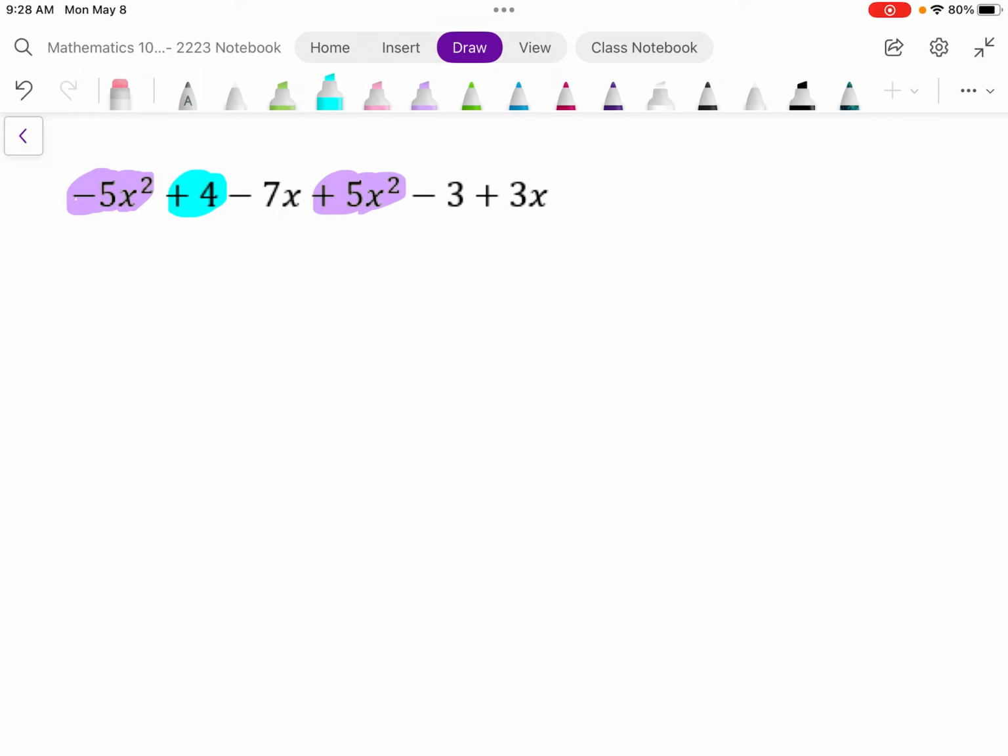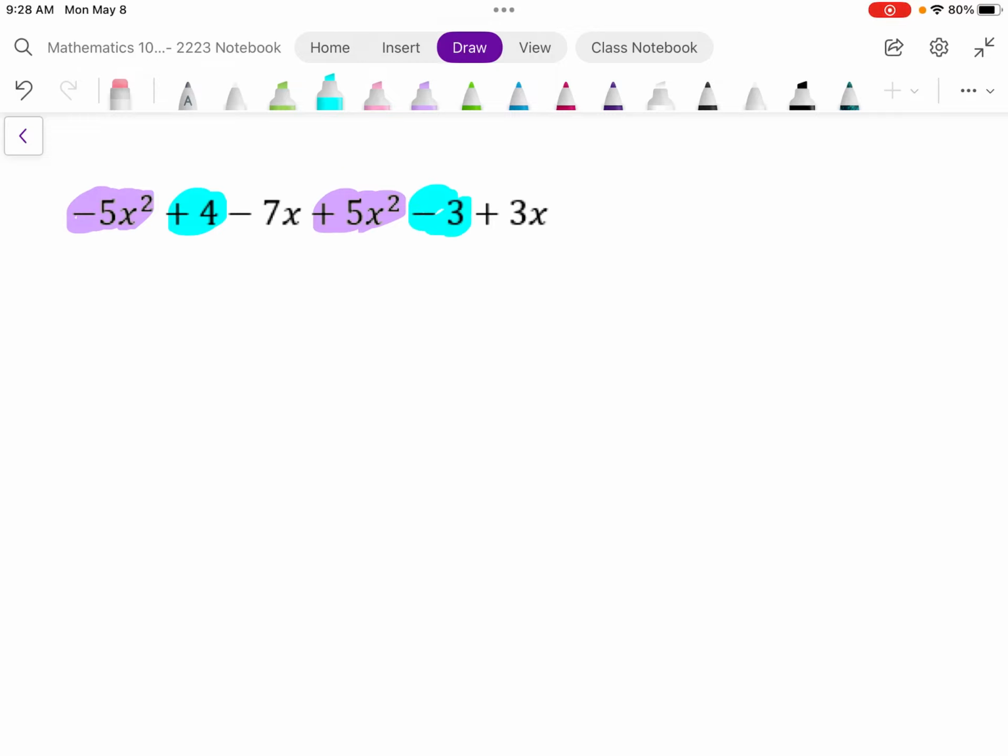Now I'm going to look, are there any other like terms? Sure. And that's negative 3. Next, negative 7x. Is there any other like term? Yeah, positive 3x. So within each group, each of them has the same variable raised to the same exponent.